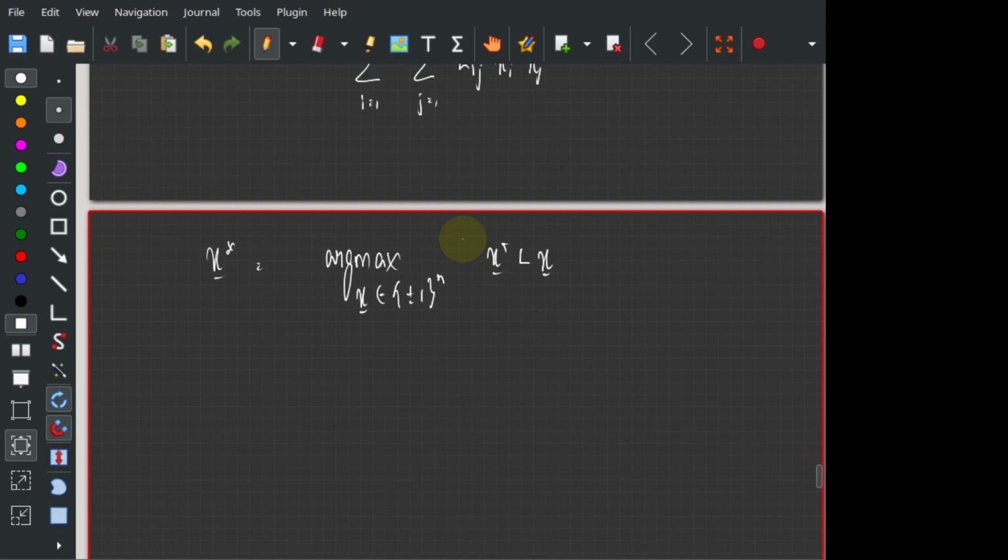Now this looks like a very nice problem, possibly easy to solve because it's a quadratic form, involves just a matrix multiplication, and you're maximizing over all possible vectors x. You only have a finite number of them, so great, right?